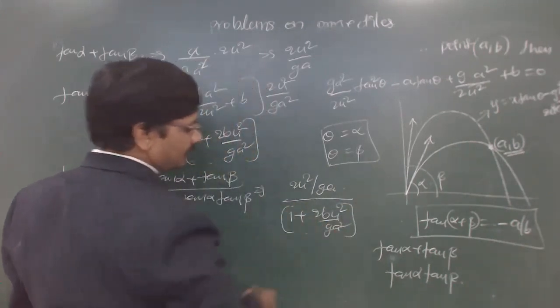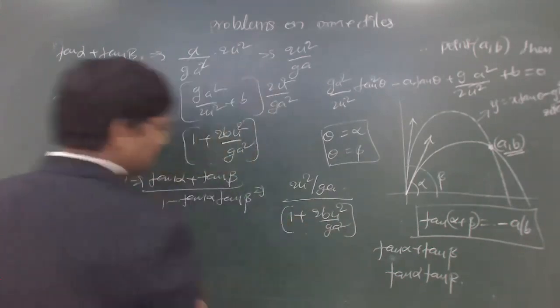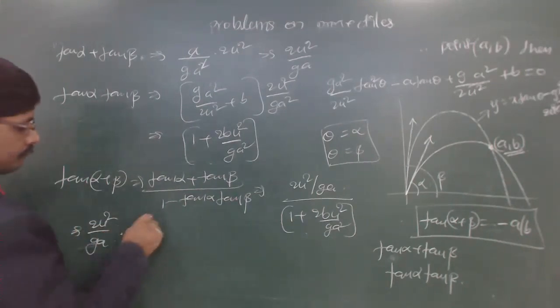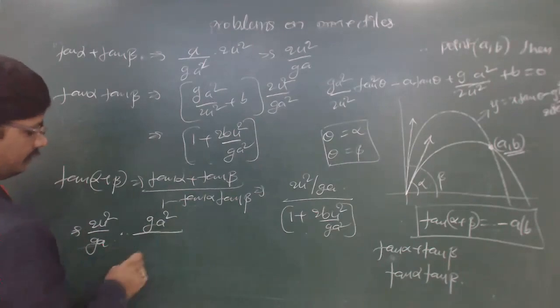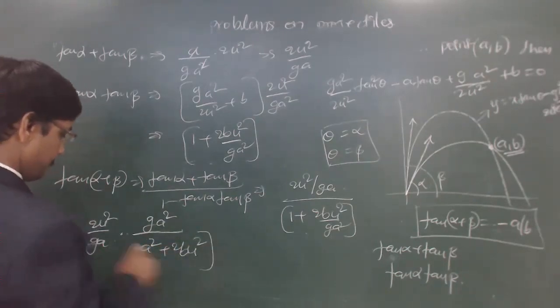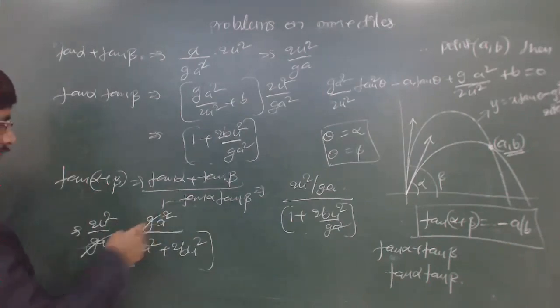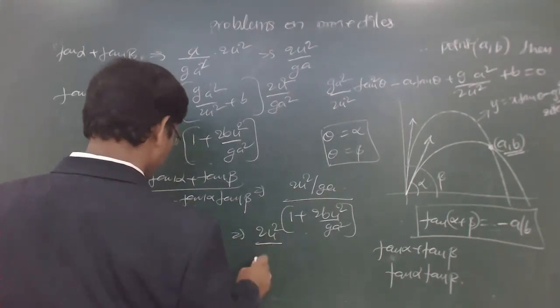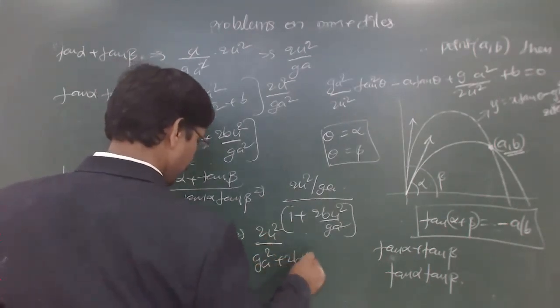If you take the LCM of it, then this is 2u square by ga divided by g a square plus 2bu square over g a square. This ga and this ga will cancel out.